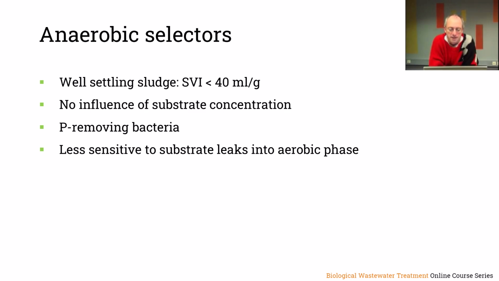You also see that again, here there's no influence of the substrate concentration. We can feed all the time, they can take up the substrate at a few percent of their maximum rate. It will not lead to a deterioration of the sludge. So obviously again, you would assume that there are no filamentous type of organisms which can have this kind of physiology.